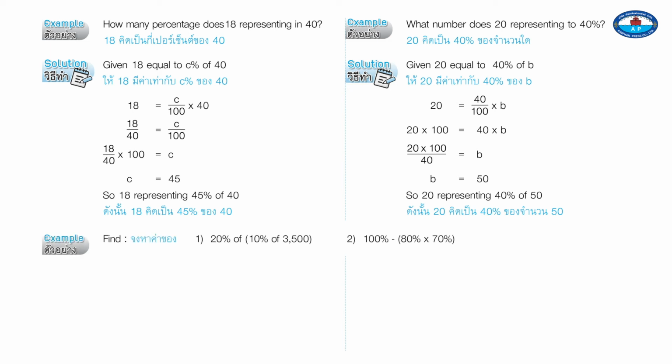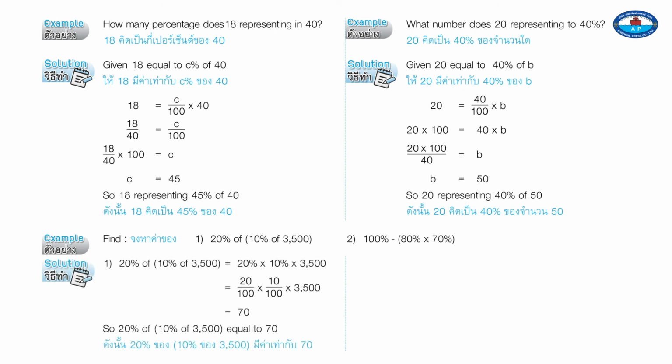Example, find 1. 20% of 10% of 3,500. 2. 100% minus 80% times 70%. Solution, 1. 20% of 10% of 3,500 equals 20% times 10% times 3,500 equals 20 over 100 times 10 over 100 times 3,500 equals 70.